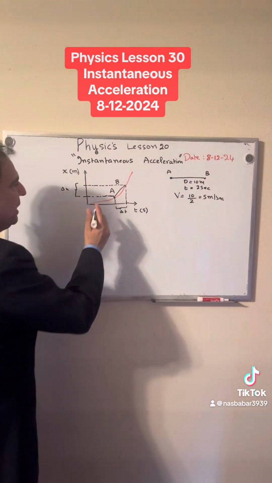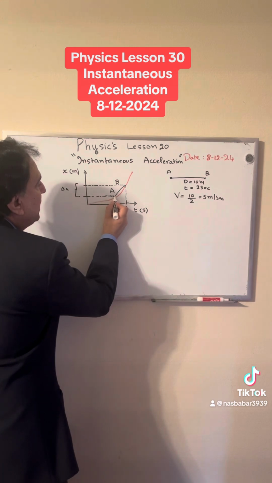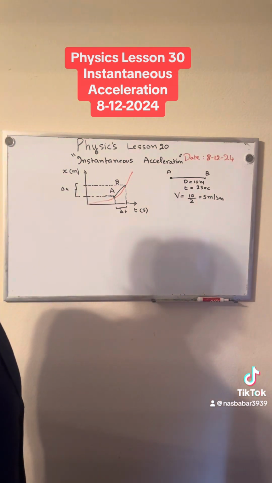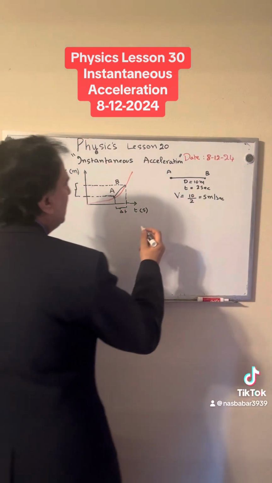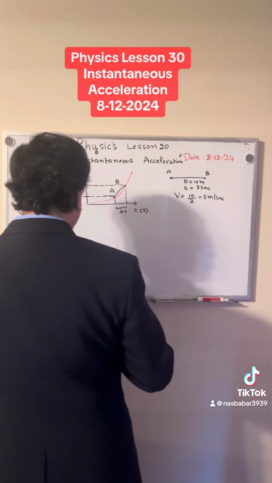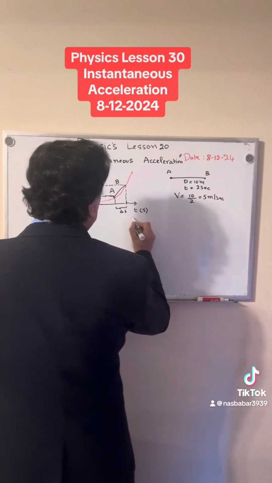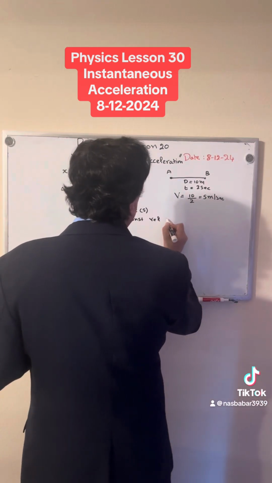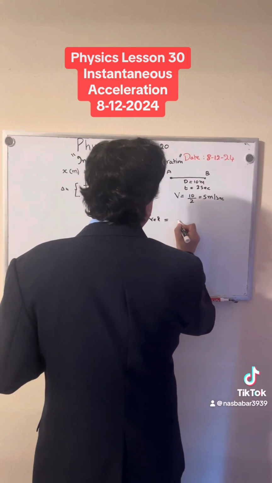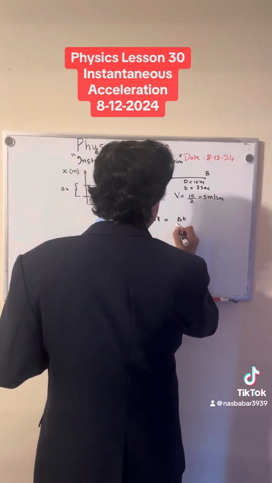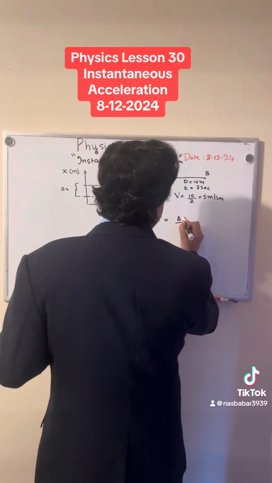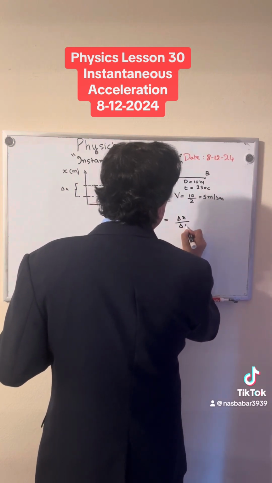But in this particular case, I want you to find the instantaneous velocity at point A. That's easy. We can say instantaneous velocity would be equal to delta x over delta t.